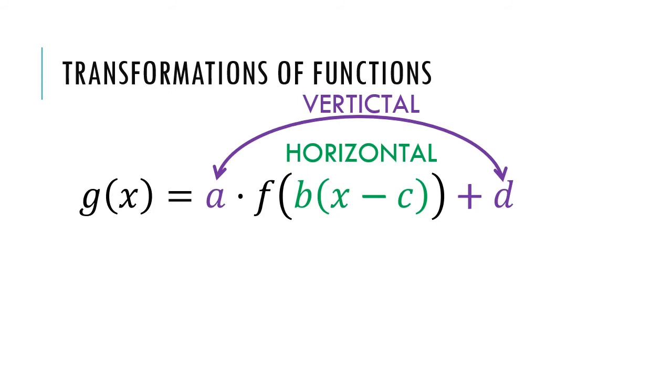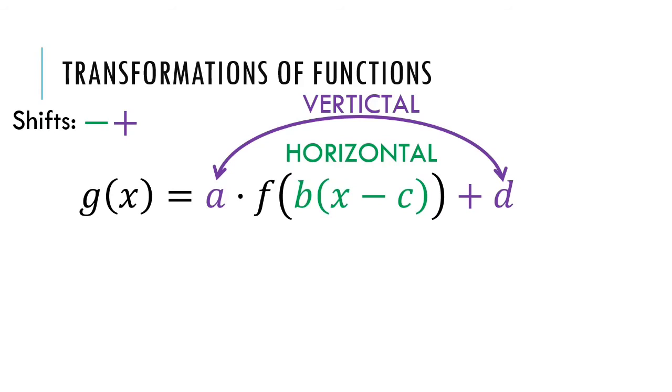Now let's look at what each of these are doing. C and D represent shifts. C is inside the function, which makes it horizontal, and it's subtracting, which makes it a shift. C is a horizontal shift. D is outside of the function, which makes it vertical, and it's adding, which makes it a shift.